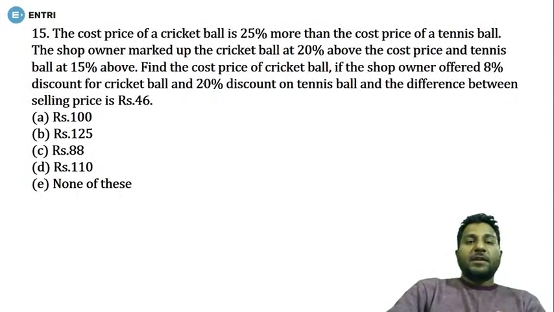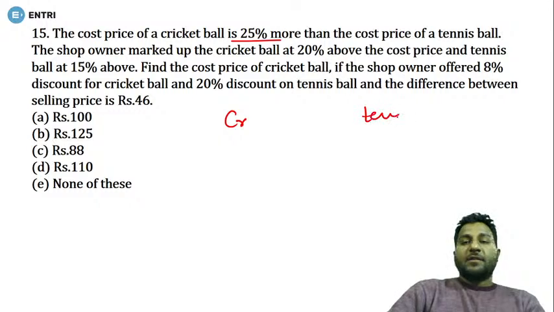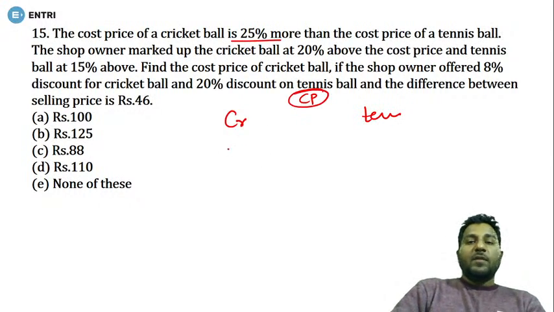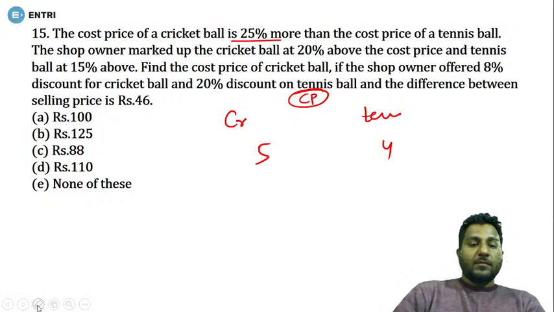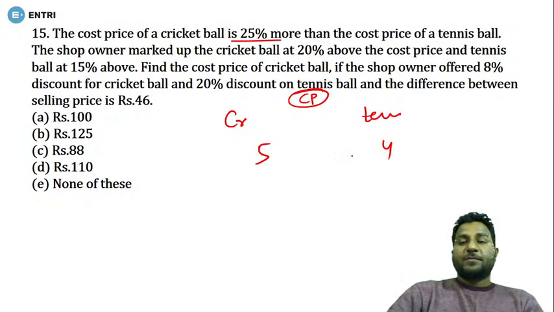Next one. The cost price of a cricket ball is 25% more than the cost price of a tennis ball. So cricket, tennis, CP will be in a 5 and 4 ratio. The shop owner marked up the cricket ball at 20% above the cost price.